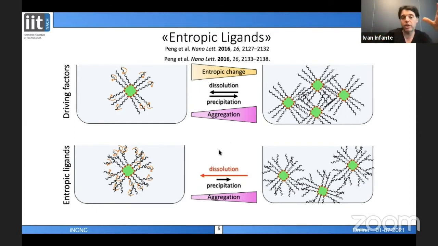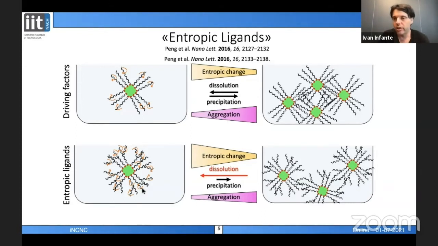This shifts the equilibrium a lot towards the nanocrystal in solution. This way you prevent aggregation of nanocrystals and increase their solubility in the medium where you do the synthesis. Peng showed that this is a way to improve the quality of your sample.